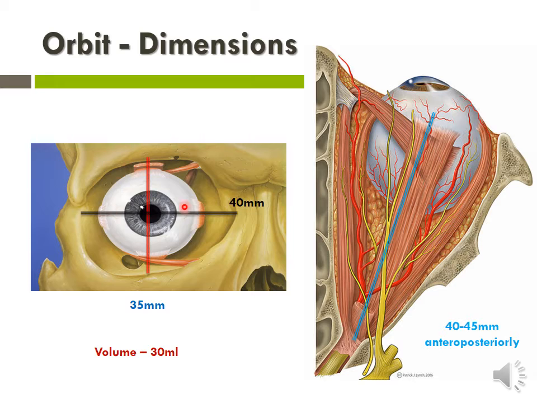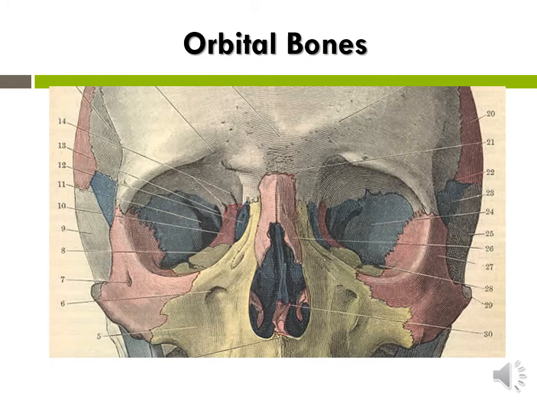So even if somebody hits the eyes, you will not get the impact directly on the eyes. The eyes can go slightly inside, they can move towards right and left. So these empty spaces are filled with fat tissue and connective tissue.